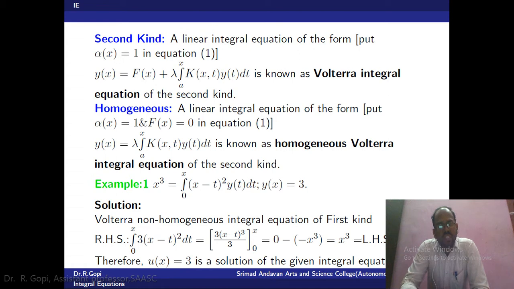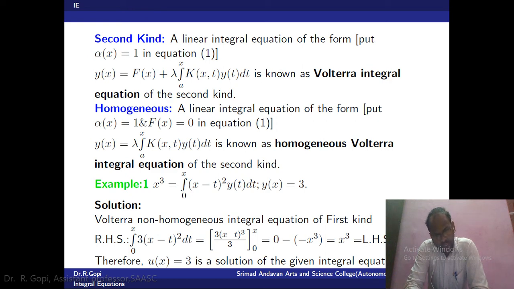So y of x equal to 3 is a solution of the given integral equation, because we have been given y of x equal to 3. So here y of t equals 3. Y of t is an unknown value, so we take y of t equal to 3.